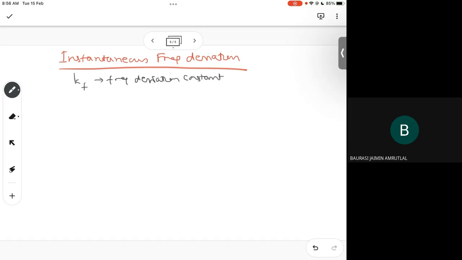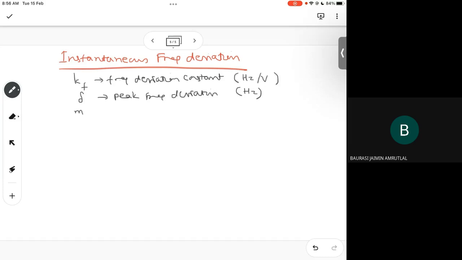And then we talked about delta, which is what we call the peak frequency deviation. Peak frequency deviation means how much the frequency is changing. So it is given in hertz, and KF, as we have seen in the previous example, is given in terms of hertz per volt.